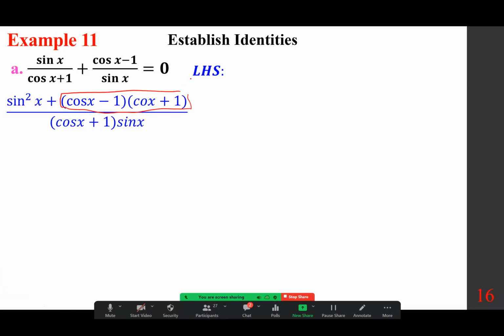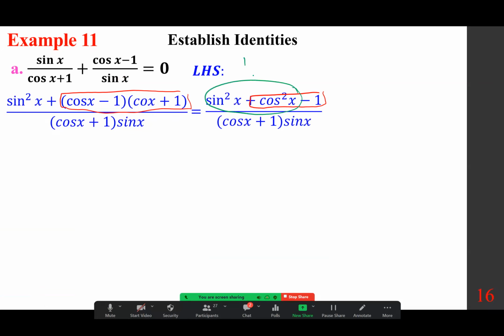This part, cosine squared x minus 1, is this. And sine squared plus cosine squared is 1. 1 minus 1 is 0.